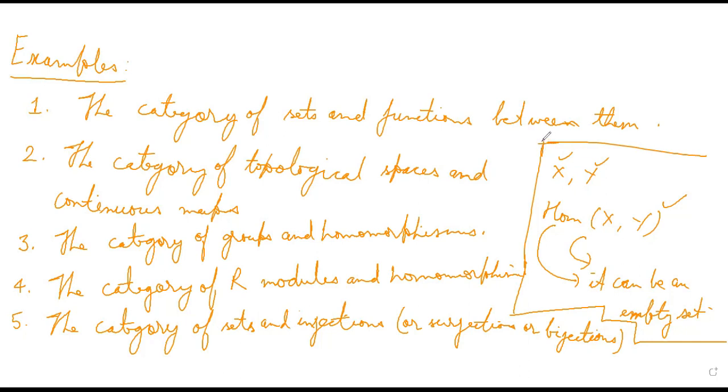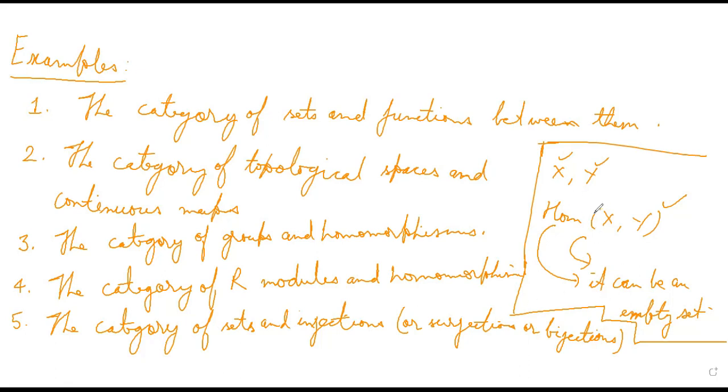Keep the class of objects the same, that is the collection of all sets, and then change Hom(X,Y) to be the set of all surjective functions from X to Y. Again, it is possible that there is no surjective function from X to Y. In that case, Hom(X,Y) will be the empty set.